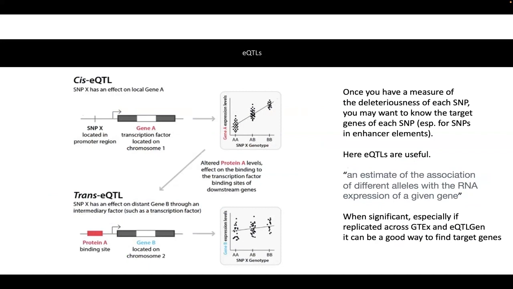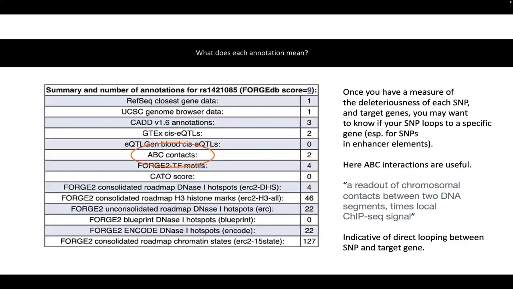And then the trans-EQTLs are mostly driven by altered protein or transcription factor effects, which are affecting genes which are very far. So they may be in another chromosome. For example, if this gene is a transcription factor, then any SNP that affects it will affect also all of the downstream genes of that transcription factor. So that's a trans-EQTL.